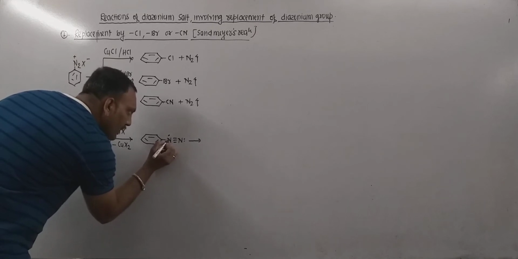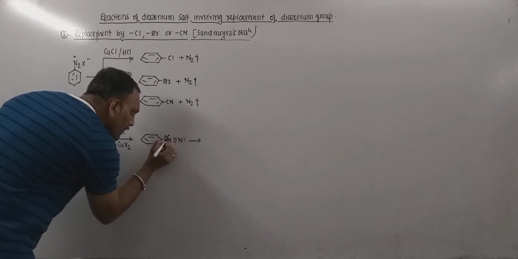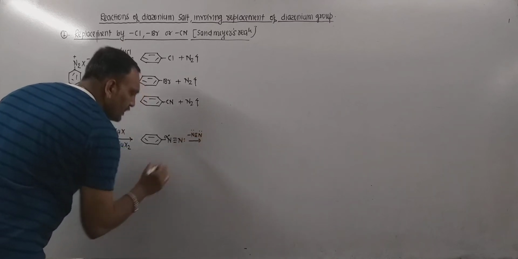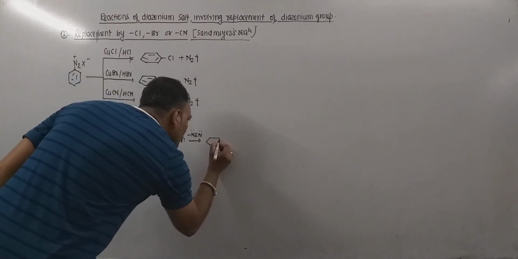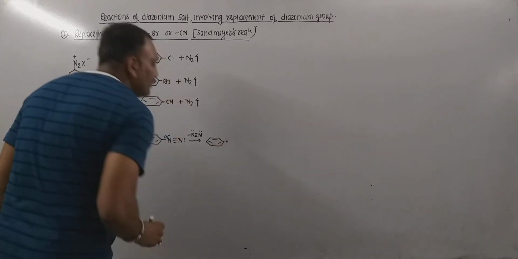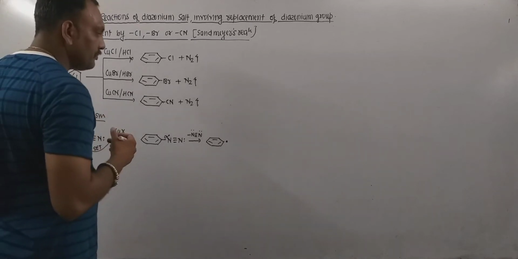So nitrogen right now contains one electron, and one electron from this bond. Likewise, departure of N2 takes place, which can be given as, and the newly formed reactive species so obtained will be the free radical, phenyl free radical, I must say.